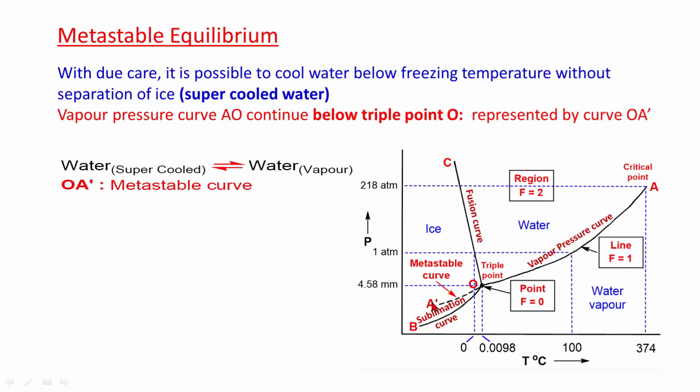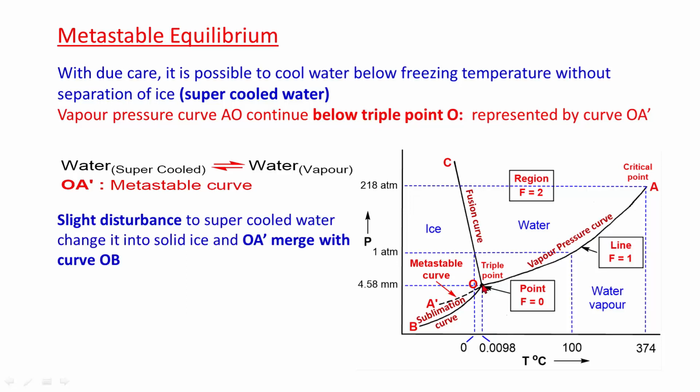Along OA dash, which is called the metastable curve, supercooled water is in equilibrium with water vapor. However, slight disturbance to supercooled water changes it into solid ice and OA dash merges with curve OB.